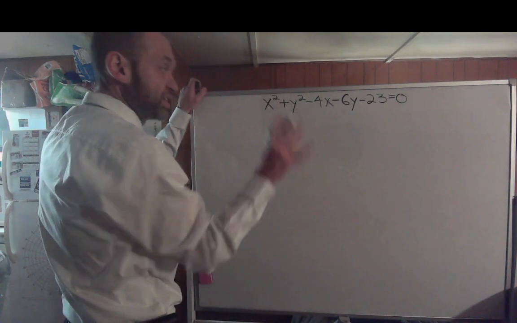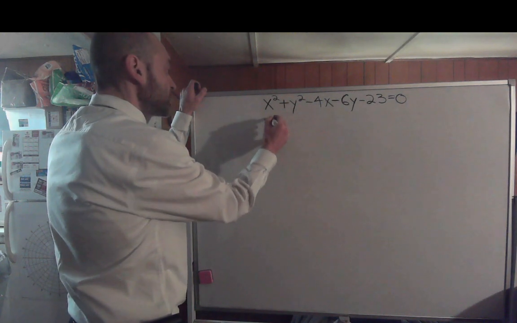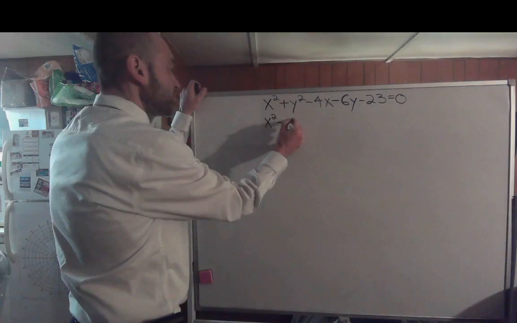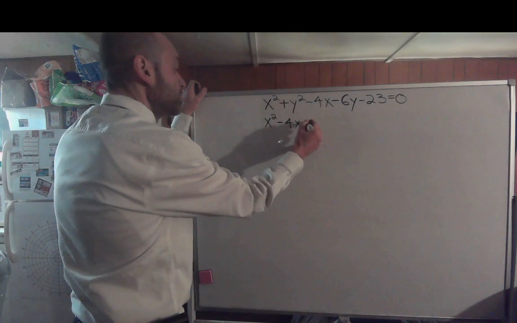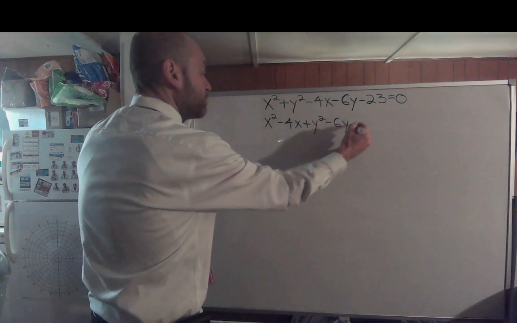Okay, well, let's simplify this a little bit. So we'll have x squared minus 4x plus y squared minus 6y equals 23.